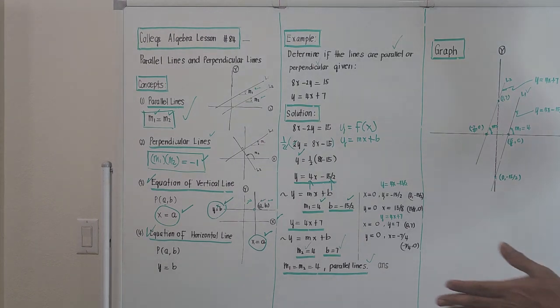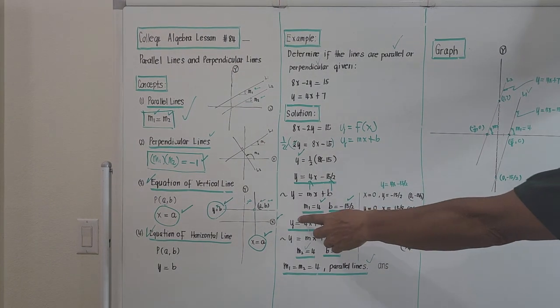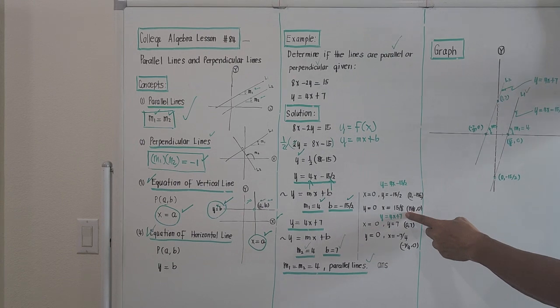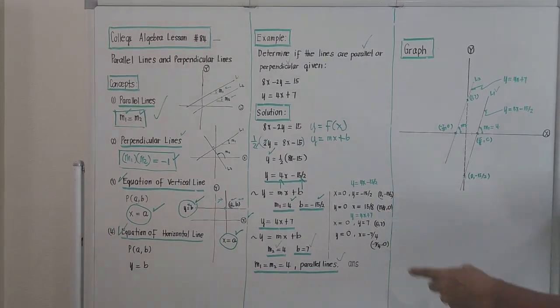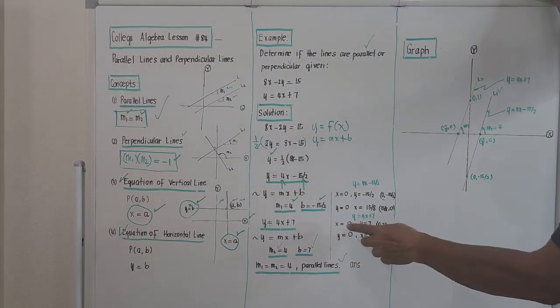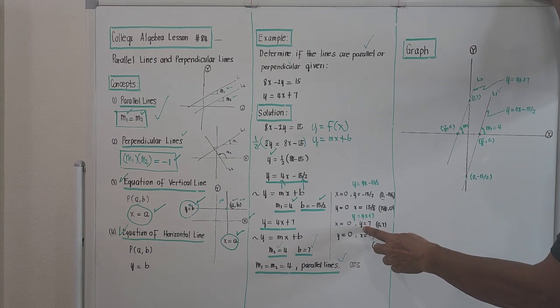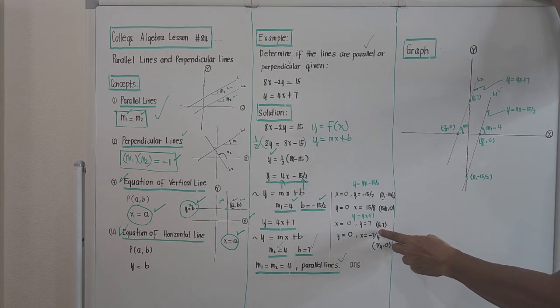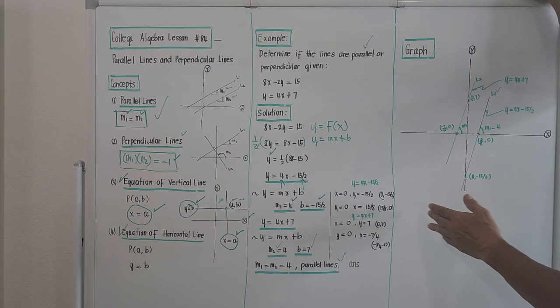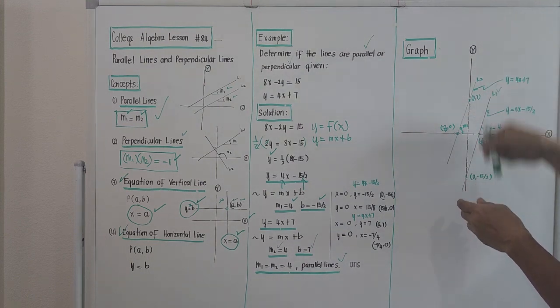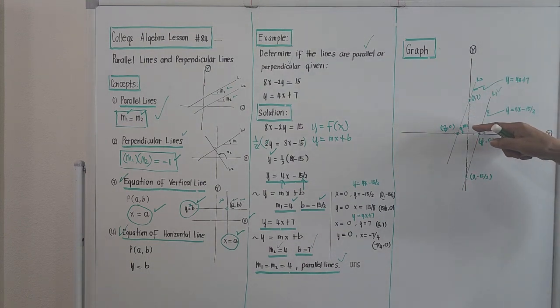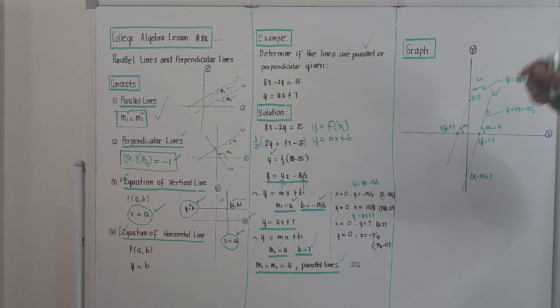How do we plot the graph of y equal to 4x plus 7? Am I still on the camera? When x is 0, y is 7. So the y-intercept is at the location (0, 7). When x is 0, the ordinate will be 7: 1, 2, 3, 4, 5, 6, 7, right?